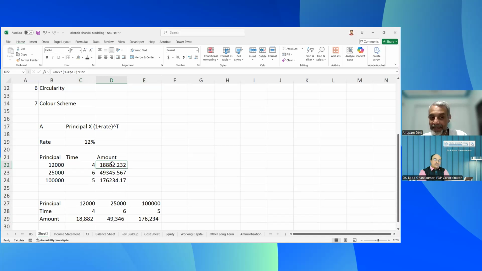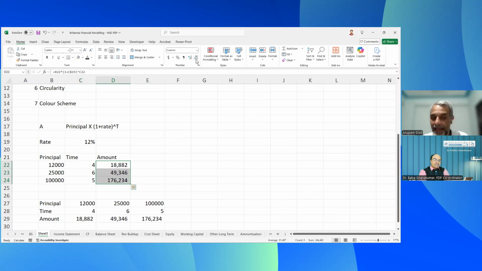The difference is that I put a dollar sign in the first case when I have frozen the row, and in this second case, because I was copying the formula across different columns, I have frozen the column, right? So this is one key aspect. When we do financial modeling, we want these things to be very quick, right?